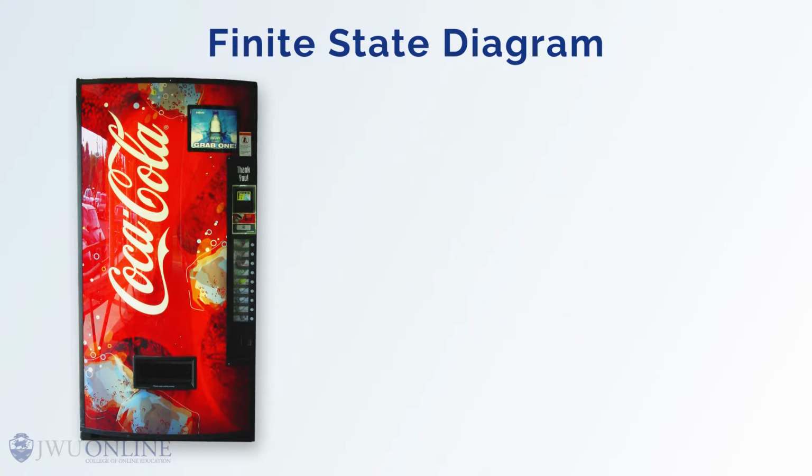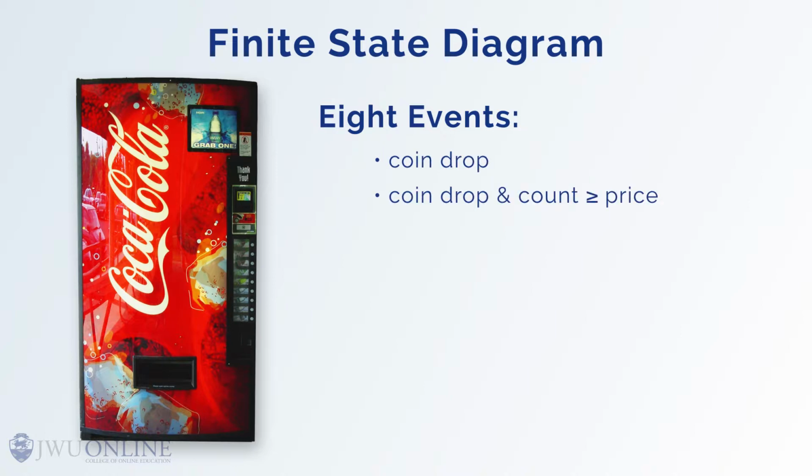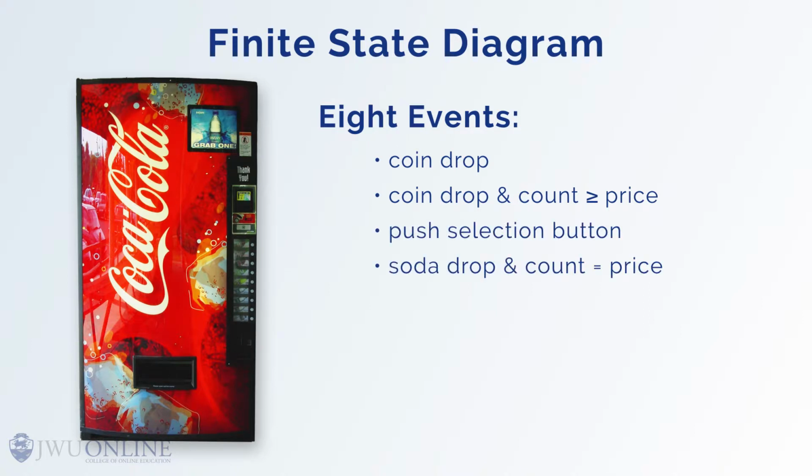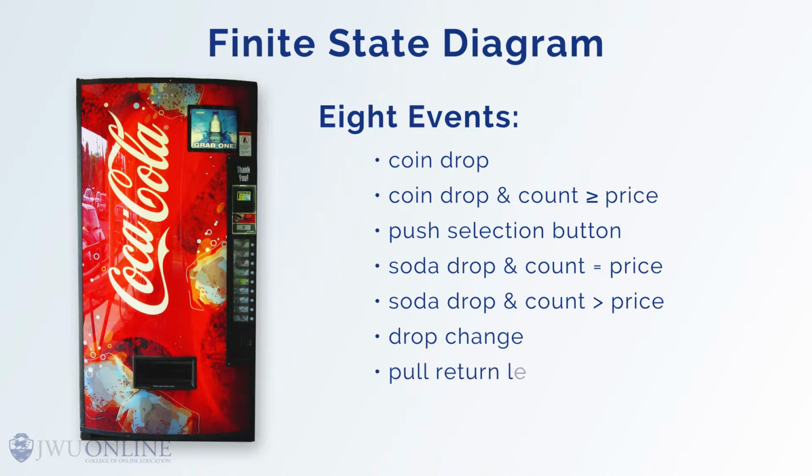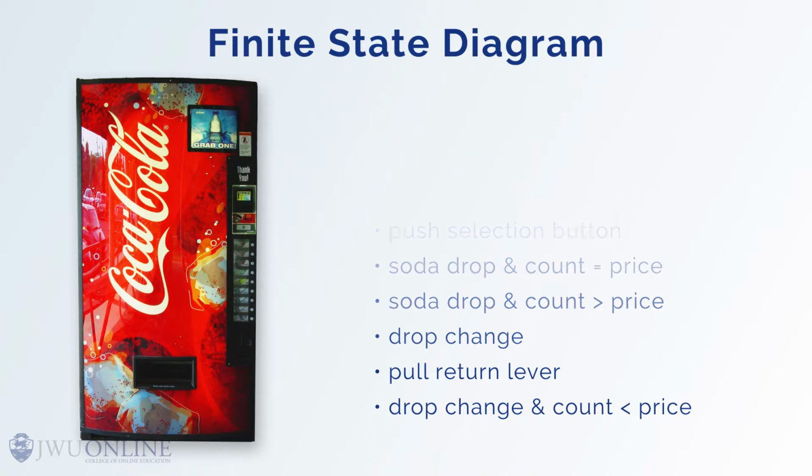In this case, we will define 8 events labeled A through H. These events are the initial coin drop, the coin drop and a count greater than or equal to the price, the push selection button, the soda drop and count equals price, the soda drop and count is greater than price, the drop change event, the pull lever event for a return, and the drop change and count less than price event.